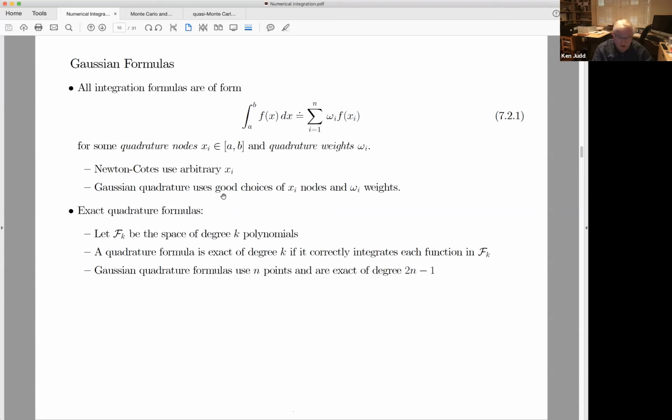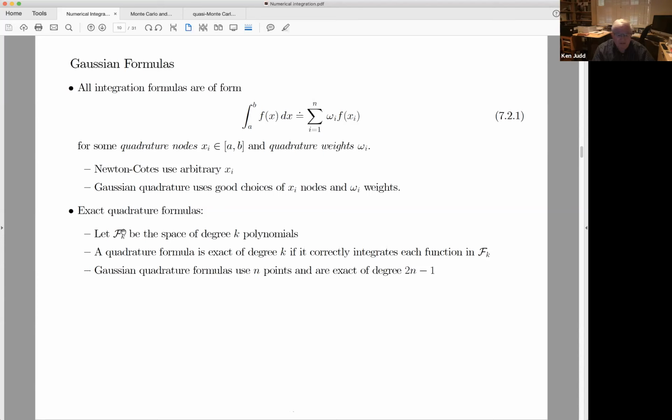Now, Gaussian quadrature is the method that's based on the idea of finding the best choices, in some sense, for the nodes x and the weights omega. The Newton-Cotes weights and nodes are far from being the best in any sense, so now we're going to go find the best.